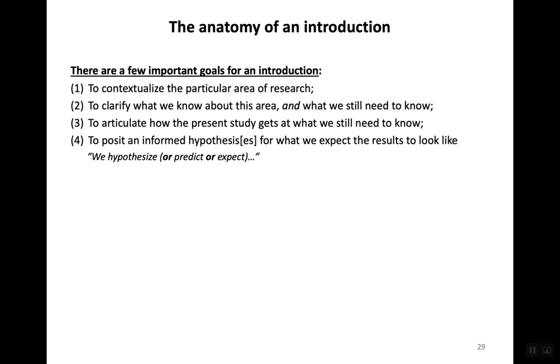And fourth, many times authors try to provide an informed hypothesis regarding what they expect the results to look like. So they often use terms like we hypothesize, or we predict, or we expect, or we anticipate, and so on and so forth.